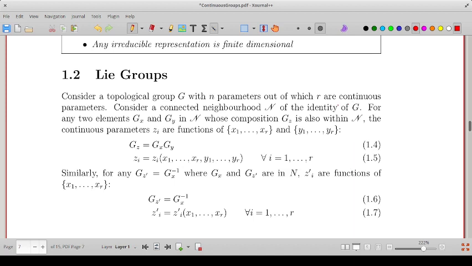Now for any two elements, say Gx and Gy, in this neighborhood N, we also assume that the composition GxGy of those two elements also lies within N. So we are restricting ourselves to a neighborhood of the identity of the group, and we are also restricting ourselves to the elements of this neighborhood, such that if Gx and Gy are two elements in this neighborhood, their composition also lies within this neighborhood.